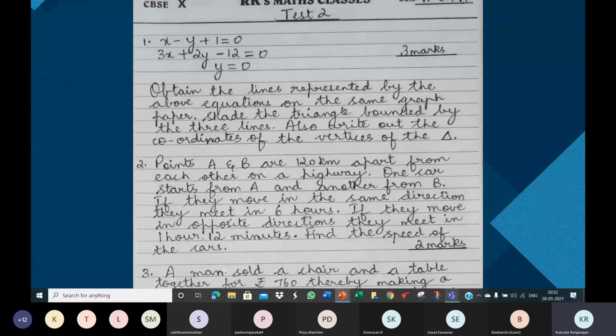Very neat work also. Your graph is right.